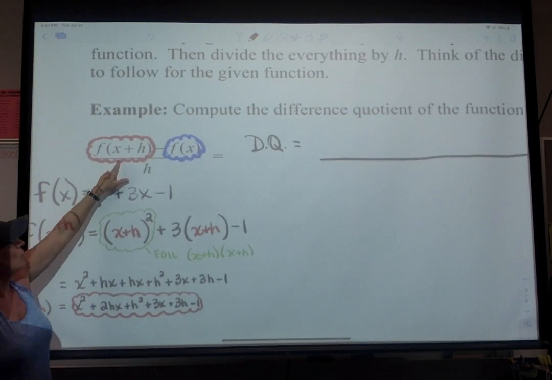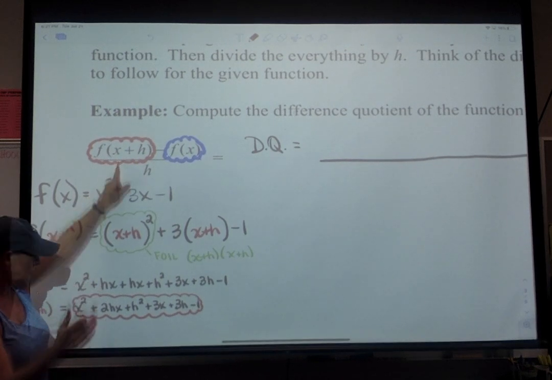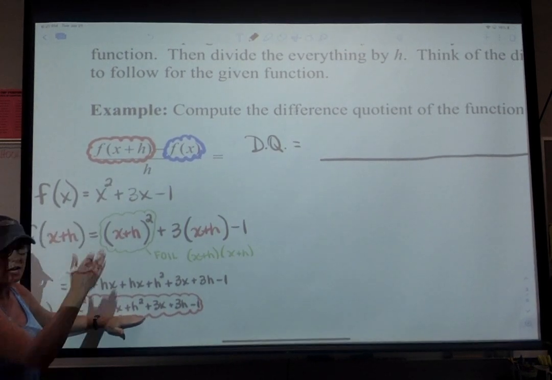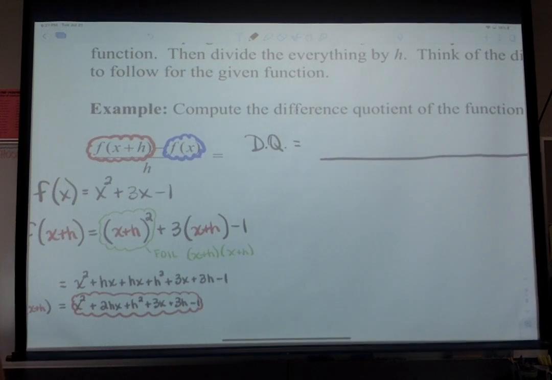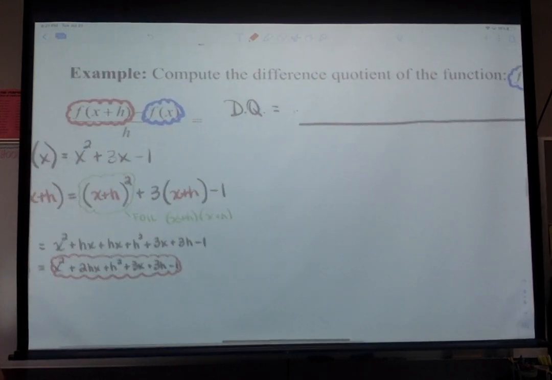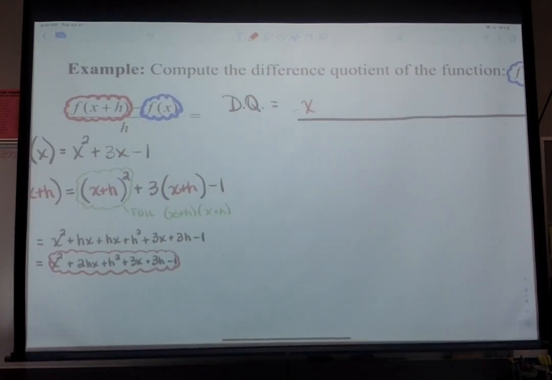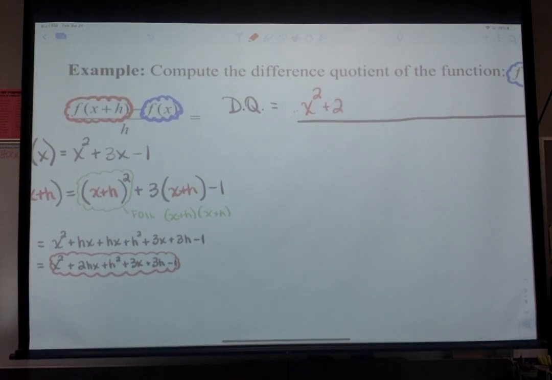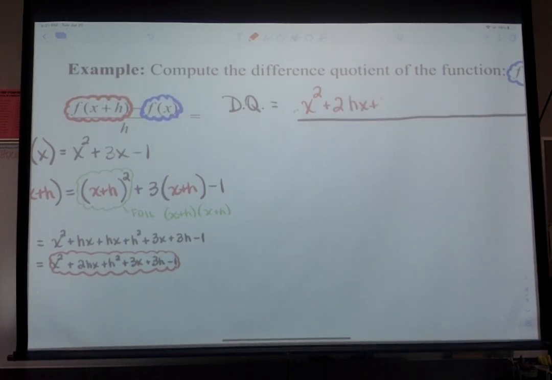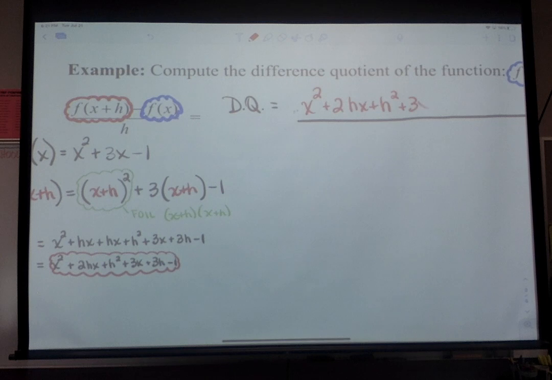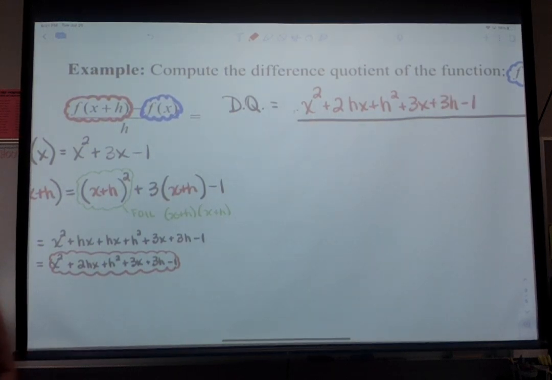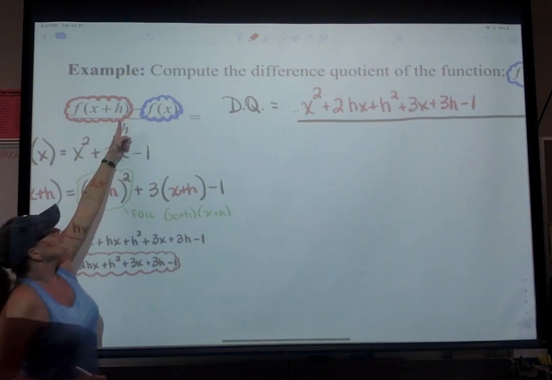And it starts out with the red cloud. So go down here and grab the red cloud and write it. In fact, I'll write it in red. It looks like this. X squared plus 2hx plus h squared minus 1. What comes after the red cloud?